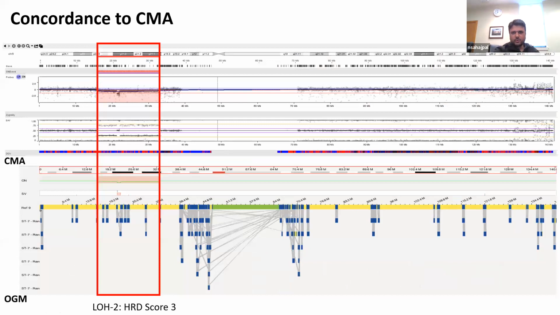So just to look at the calls with both technologies, you can see how these two technologies are concordant with respect to copy number calling, where we see this interstitial deletion, a region of greater than 15 MB, so an LOH score 1 and 2 scores for LST, so a total score of 3 for this event.